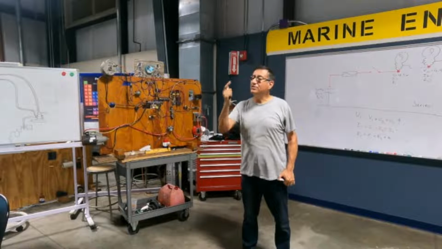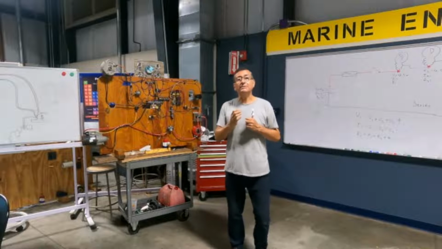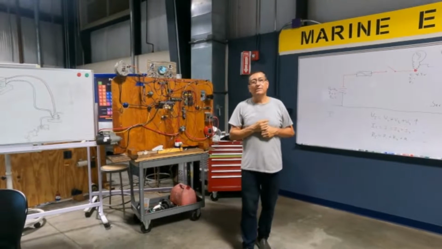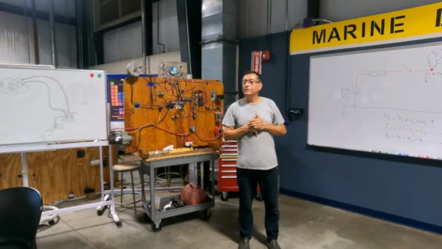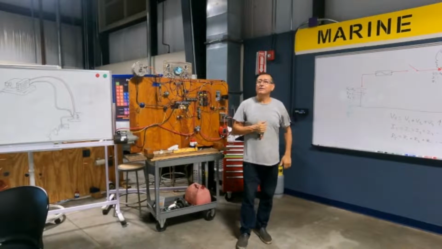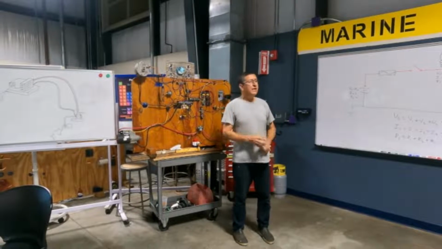I reduce the resistance in parallel. The total resistance is less than any of the resistors individual. This is very important because in some circuit the problem is the resistance, too much resistance. Parallel, you avoid that inconvenience. The total decrease. Okay, great.